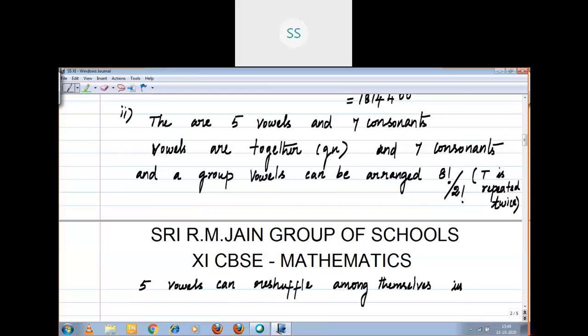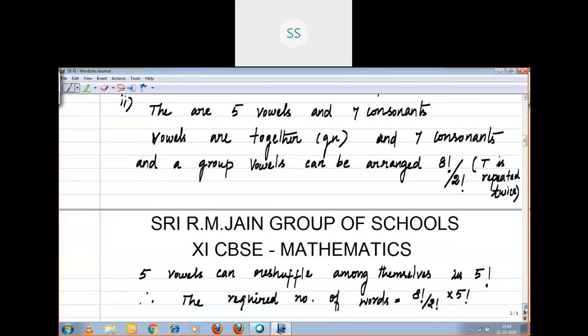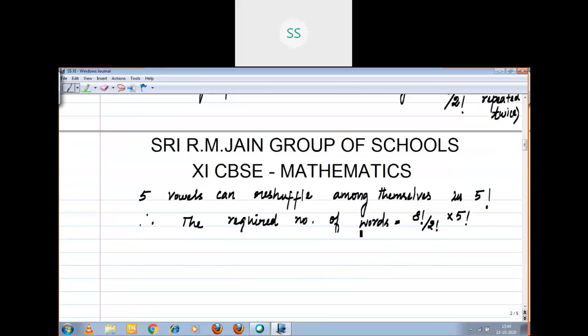It is a single unit, but it can change the places, right? In 5 factorial. Therefore, the required number of words equals 8 factorial divided by 2 factorial into 5 factorial. Did you understand, children?